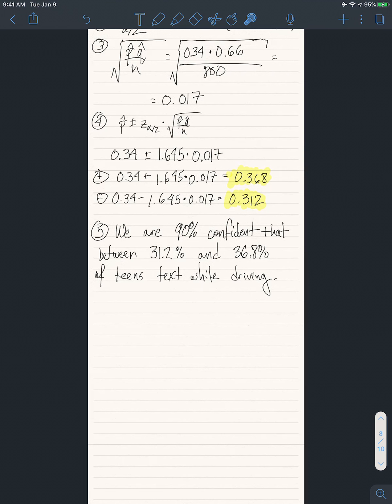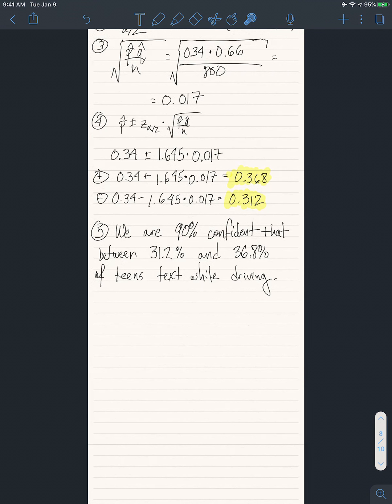And now is normally the time I get a question: is there a way to be 100% confident? And the short answer is no. There's no way to be 100% confident in a range at all. You can be 99.9%, but you're never going to be 100% confident, because the only way to be 100% confident that your range captures the true percentage is to say the percentage is between 0 and 100, covering every single number.